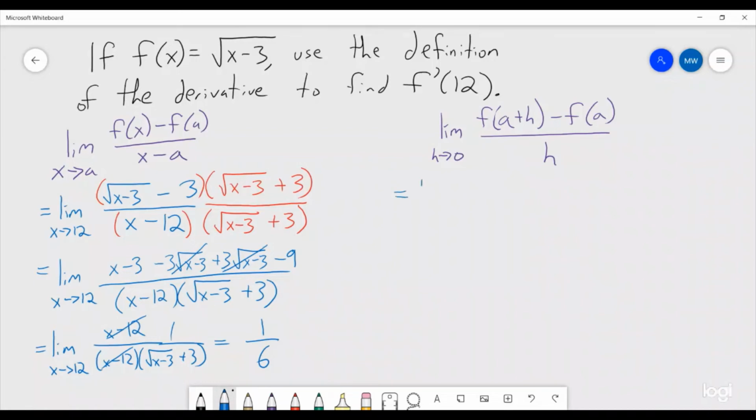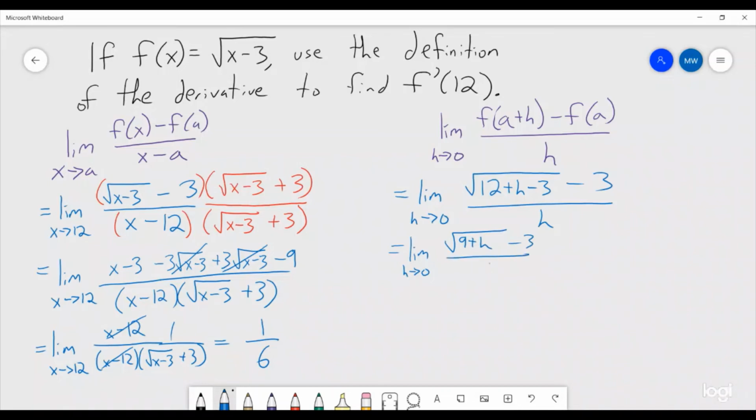Well, here we have the limit as h goes to 0 of the square root of 12 plus h minus 3, minus 3, divided by h. So let's rewrite that a little bit. That's the limit as h goes to 0 of the square root of 9 plus h minus 3, divided by h.